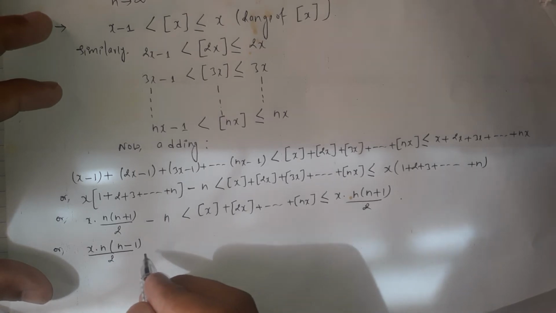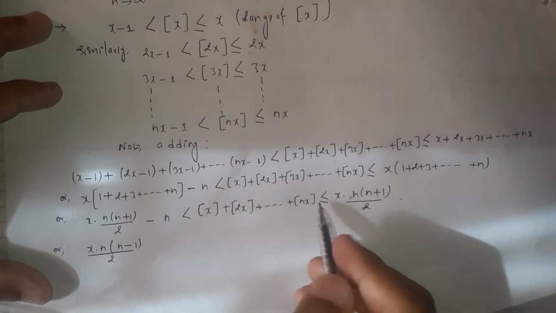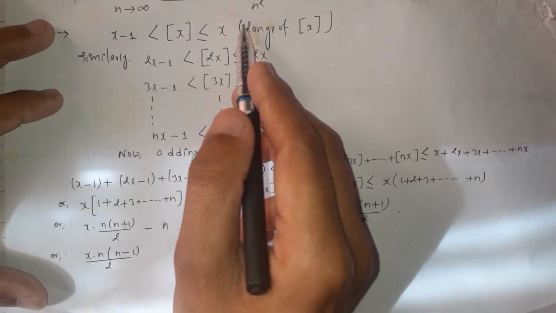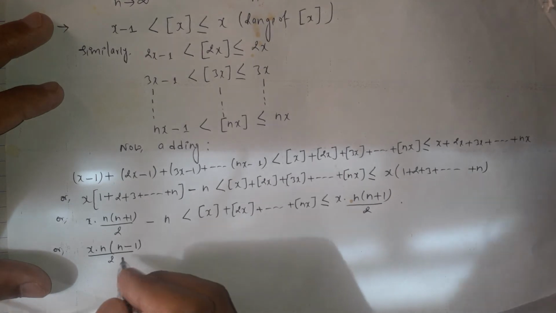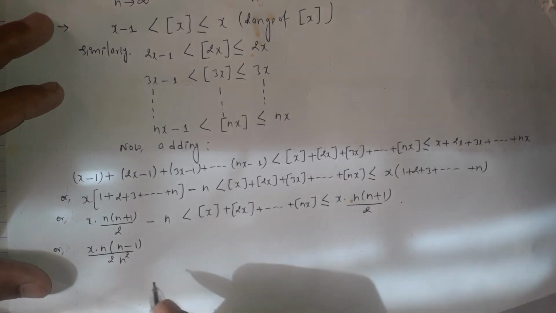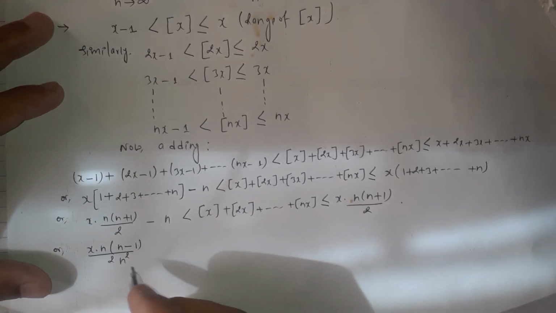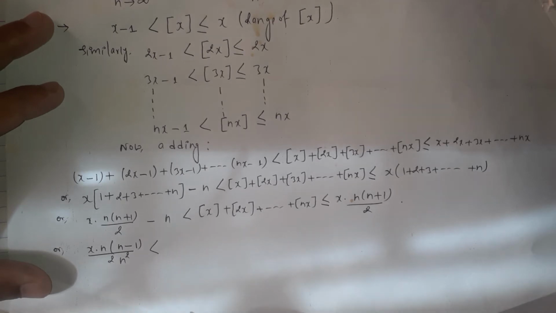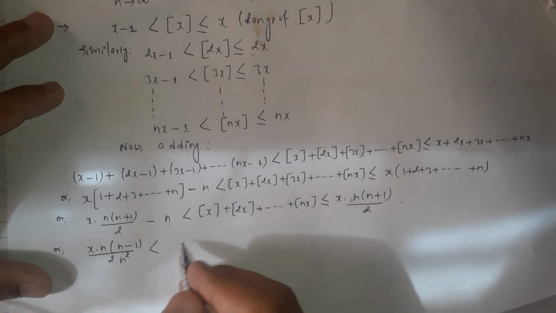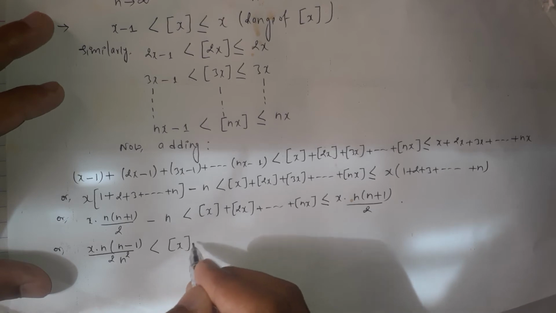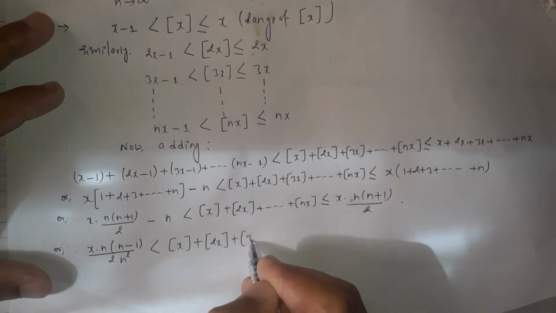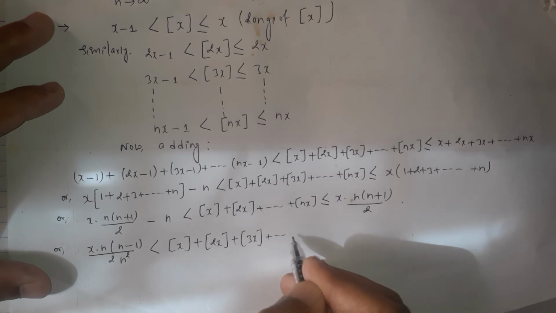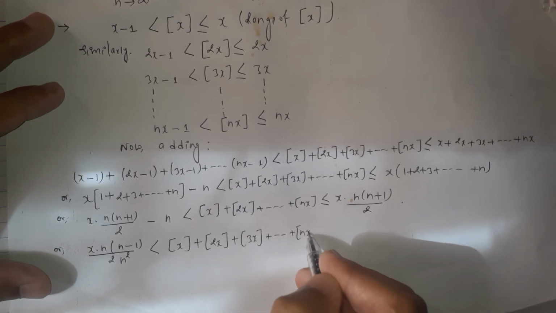Let's divide this inequality by n square, because in our target there is the denominator n square, so we have to divide. If we divide this by n square, then this will be the expression, and it is less than our expression, the greatest integer of x plus the greatest integer of 2x plus the greatest integer of 3x, and so on up to the greatest integer of nx.